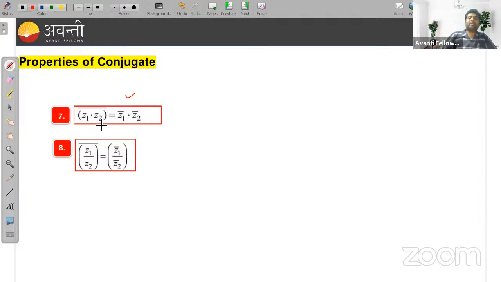If we take Z1 is equal to X1 plus iY1 and Z2 is equal to X2 plus iY2, then you can prove this also. So remember, conjugate of Z1 into Z2 is equal to the product of the individual conjugates of Z1 and Z2. Similarly, the eighth one, conjugate of Z1 upon Z2 is equal to conjugate of Z1 upon conjugate of Z2. Clear guys?